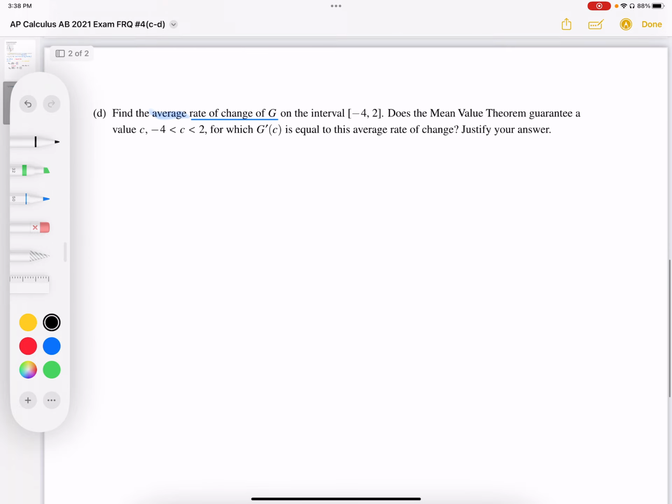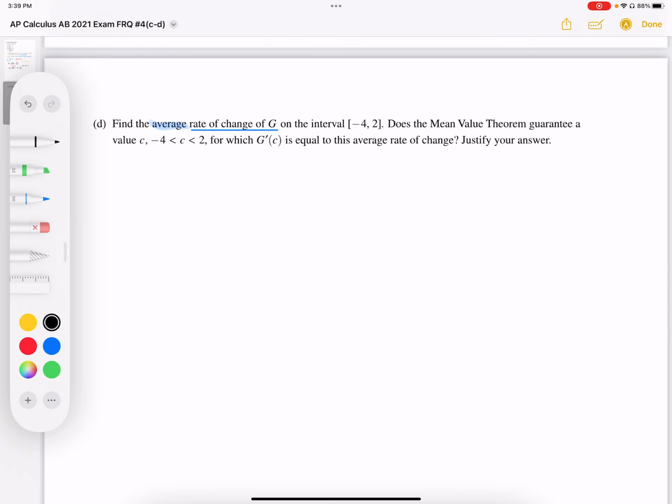Part D says the average rate of change of g on the interval from negative 4 to positive 2. Okay, find the average rate of change. So the average rate of change of g is going to be g of 2, the endpoint, minus g of negative 4, and that's all over the interval, 2 minus negative 4.